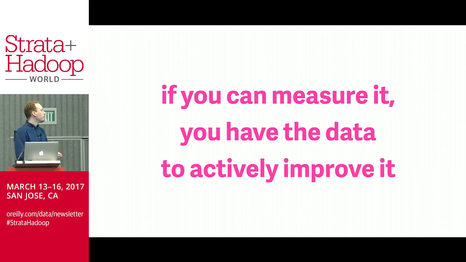And finally, if you have the data to measure something, you have the data to actively take steps towards improving it. So these projects started as measurement things, right? They started as backward-looking things. They started as things where we just wanted to see what impact this conference has. But if you have that, then you know that you could actually apply that to planning the conference.